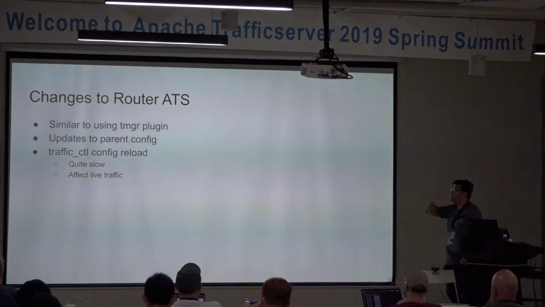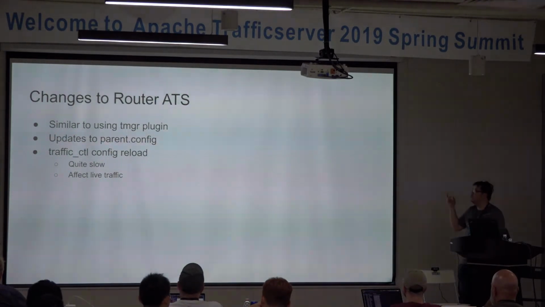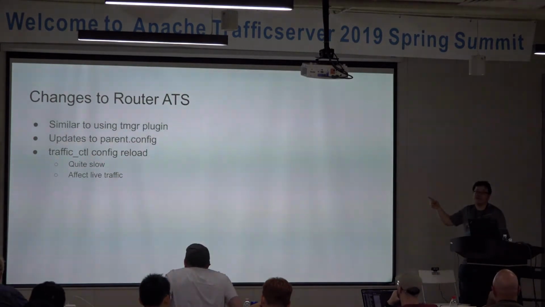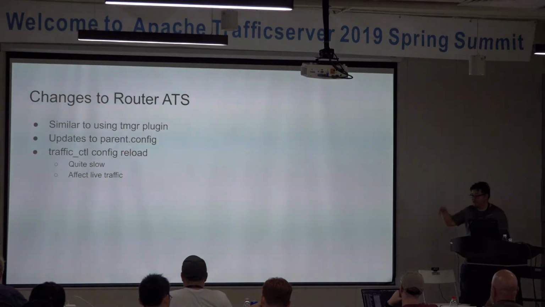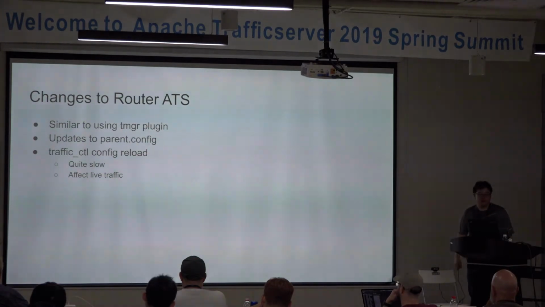This is actually less than ideal, because if you're updating the parent.config, the only way for it to get the changes is to do traffic_ctl config reload. This is a part that we don't know how to overcome yet, but we are trying to find some solutions.